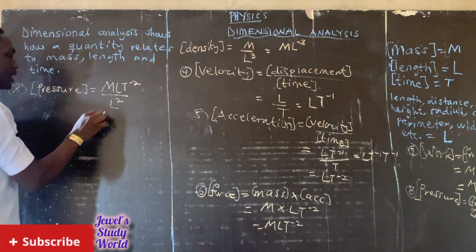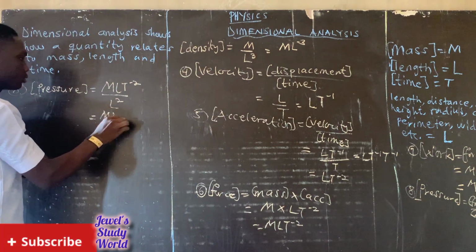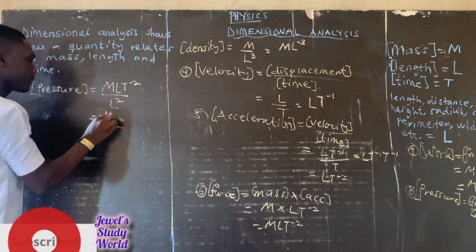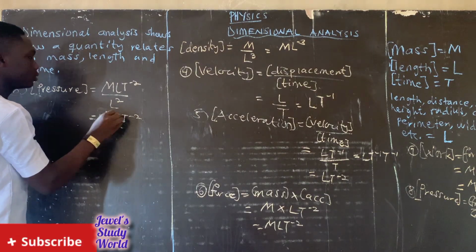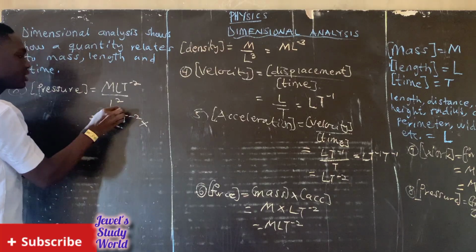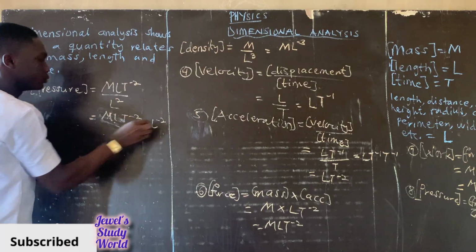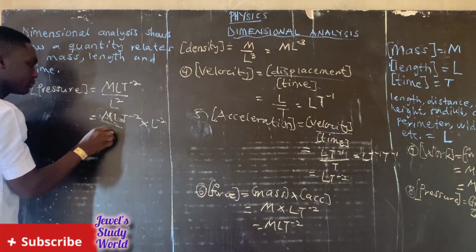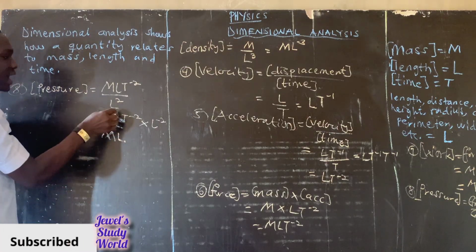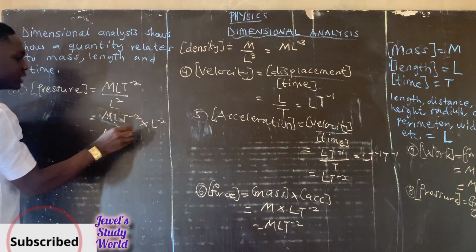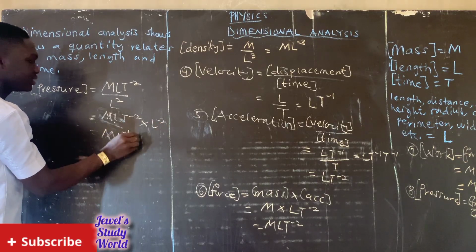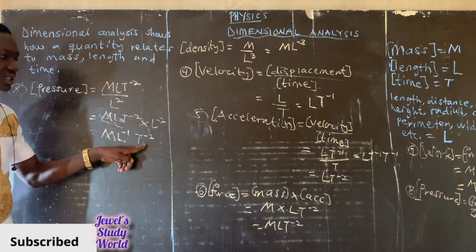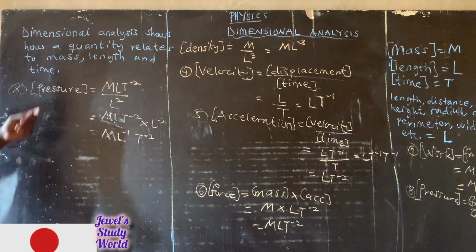So I have MLT negative 2, then the L squared becomes L power negative 2. So I have M, then for L, 1 plus negative 2 giving me negative 1, then T negative 2. So ML negative 1 T negative 2 becomes the dimension of pressure.